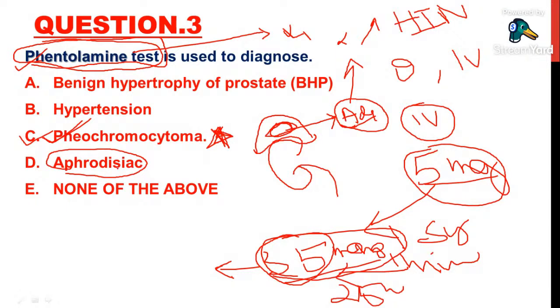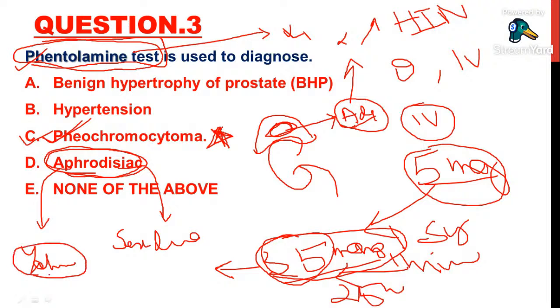Actually, aphrodisiac is the condition where the patient will have more sensitivity, or more sex drive. Sex drive will increase. That condition is called aphrodisiac. Why this point is given in alpha blockers is because there is a drug called yohimbine. Yohimbine is particularly an alpha 2 blocker.